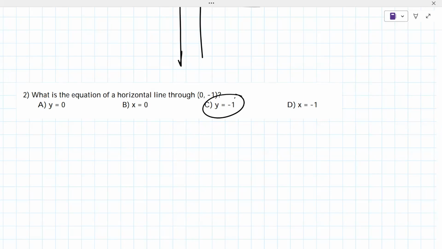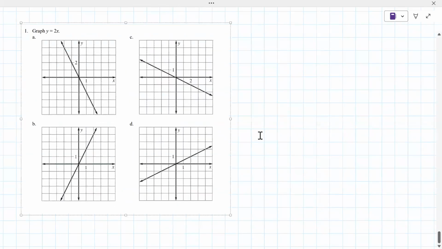All right, fantastic. So now let's just look at a few more problems here. Maybe in some ways these are too easy, but do the best you can.